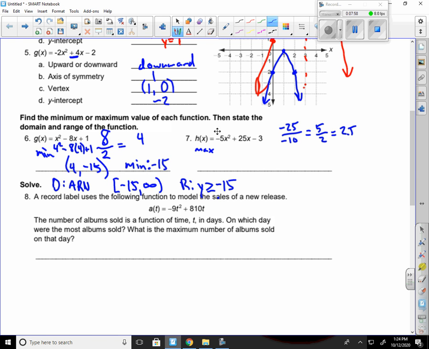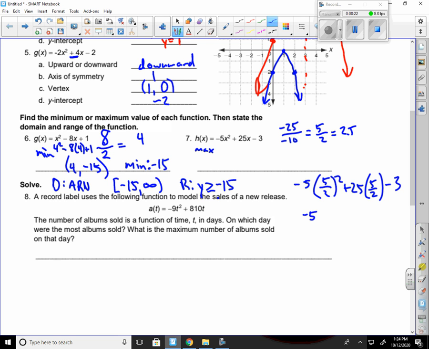If I plug 5/2 in here, it gives me -5 times 5/2 squared plus 25 times 5/2 minus 3. All right, time to do some fraction work here. 5/2 squared means I square the top and square the bottom.